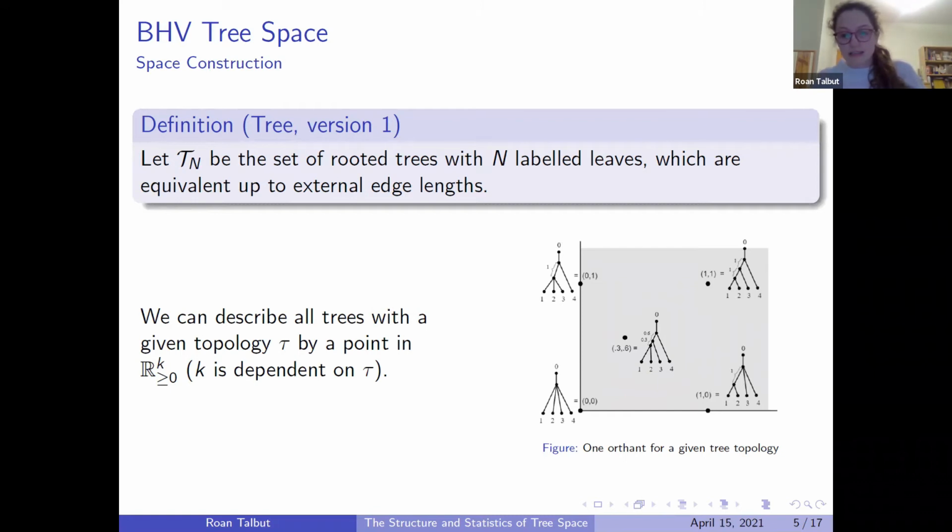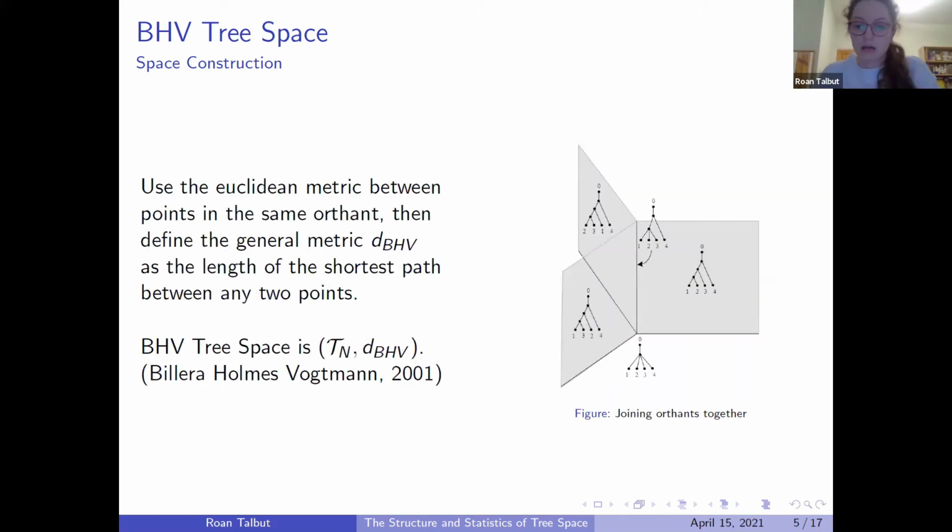Basically, this idea of the degenerate topologies allows us to join these orthants together. So we're going to use the standard Euclidean metric within a single orthant. And then we will join together two orthants along their borders according to when they share a degenerate topology.